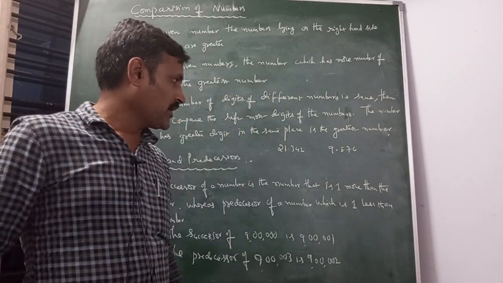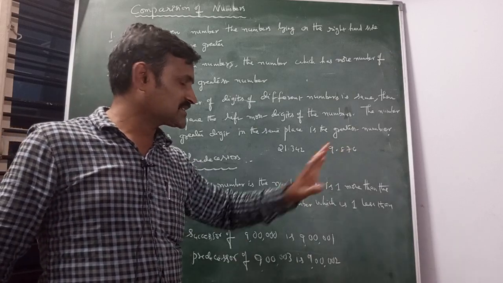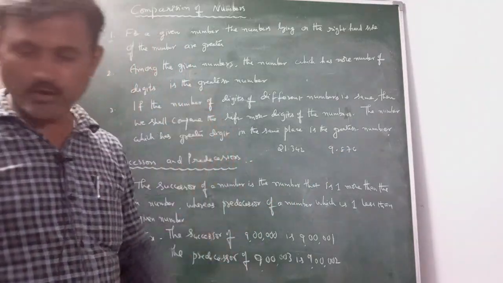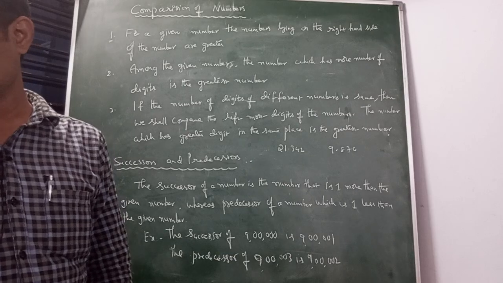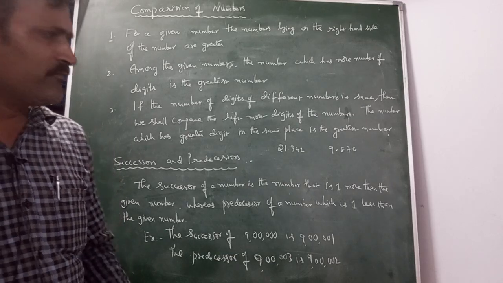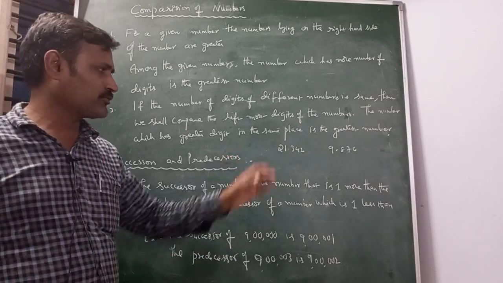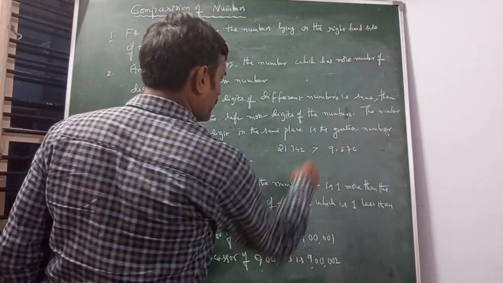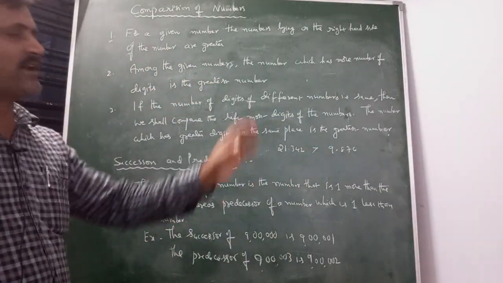Whereas 9.876 has how many digits? 4 digits. So, obviously 21.342 is a greater number than 9.876.